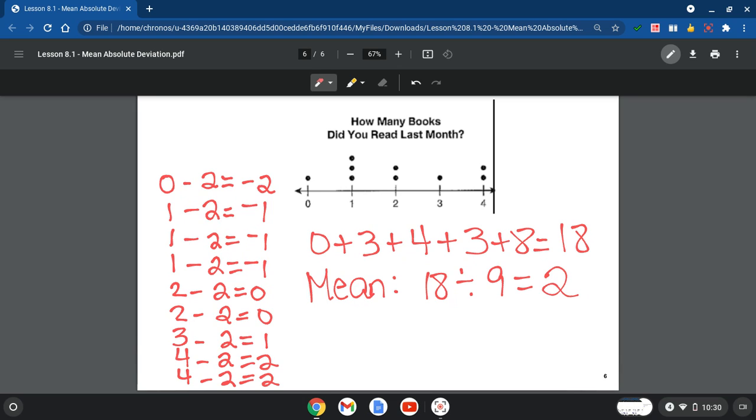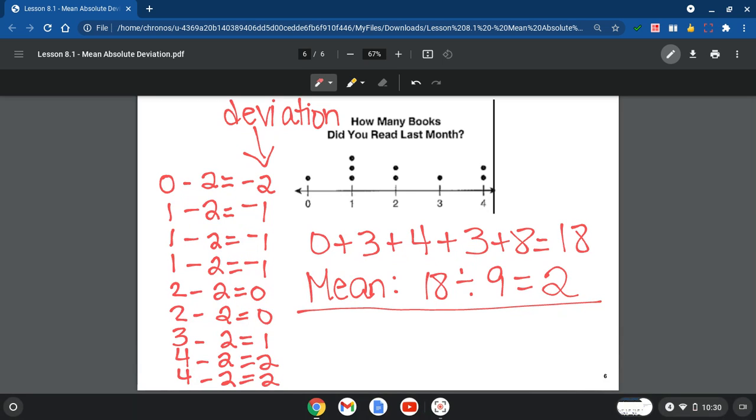Now we're going to take all the positive values, or all the absolute values, of these numbers and find their average. So this list right here is called the deviation because that's how much it deviates or moves away from the original number. So let's find the mean deviation for this set of data. Remember, we're taking absolute value.